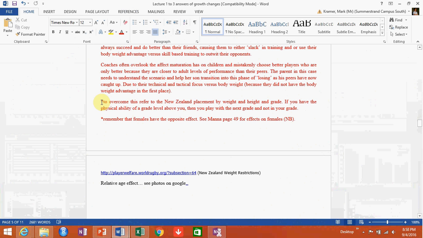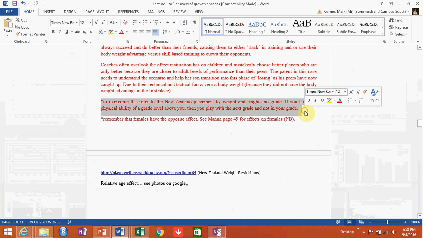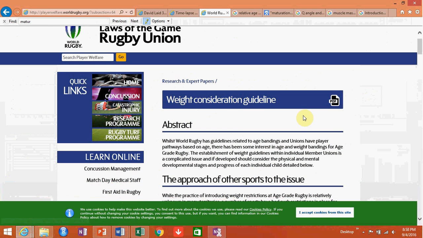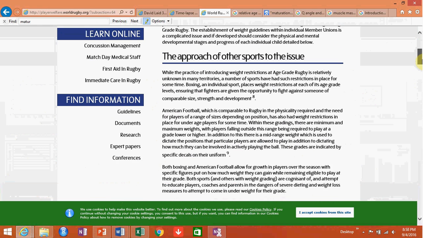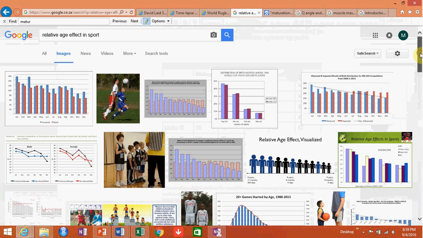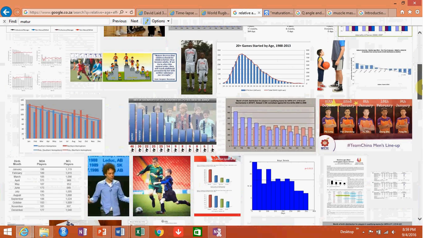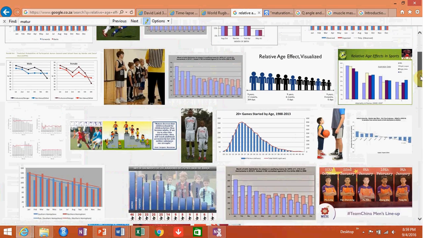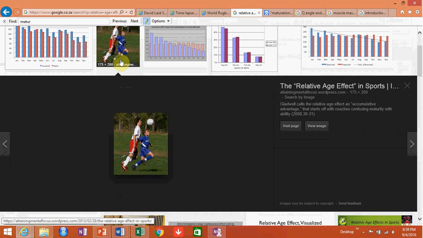So hence in some places like New Zealand, they've tried to overcome this. Just as a practical example for you guys, as I've shown you online, here is the example with the rugby union, where they actually divide the children into teams based on minimum and maximum weight categories, as opposed to this absolutely disadvantaged scenario with a child being placed against someone who is clearly much bigger than them.